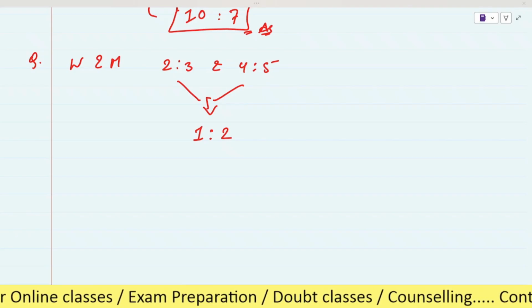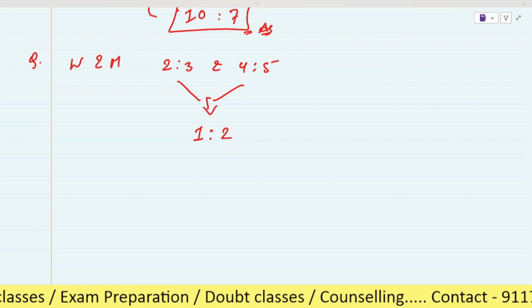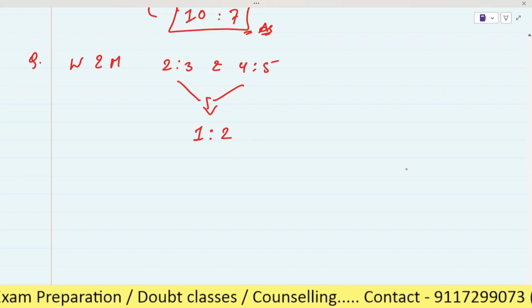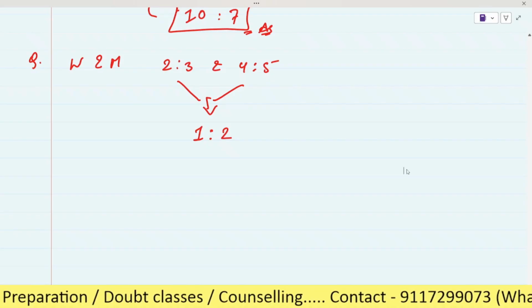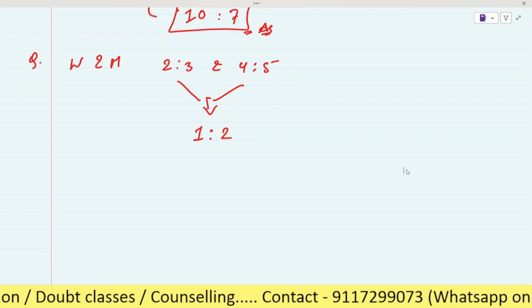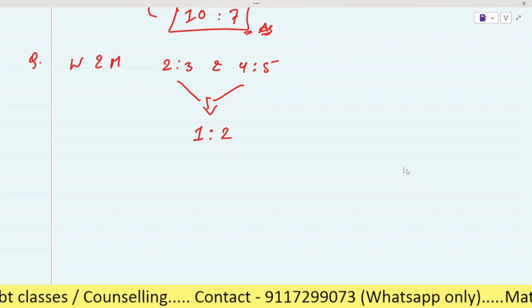I am repeating: the two vessels containing water and milk are in the ratio 2 is to 3, meaning in the first container the ratio of water and milk is 2 is to 3, and 4 is to 5 means in the second container the ratio of water and milk is 4 is to 5.